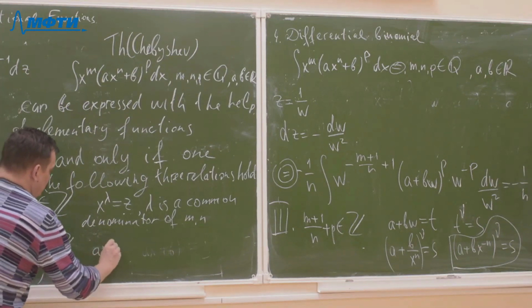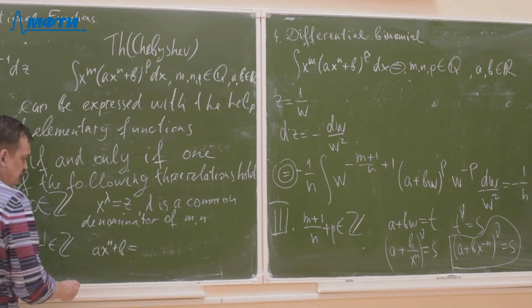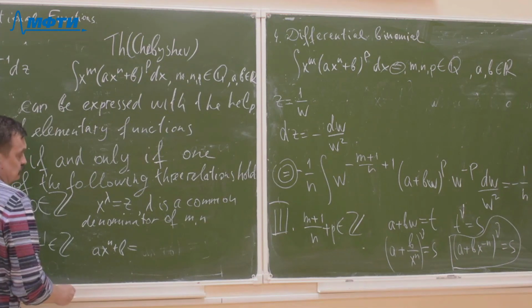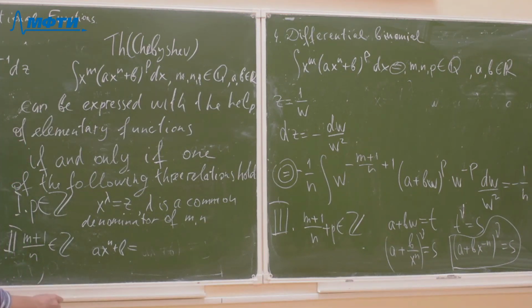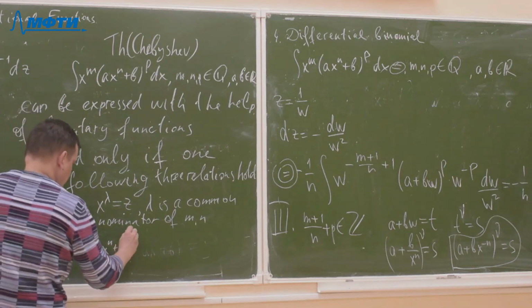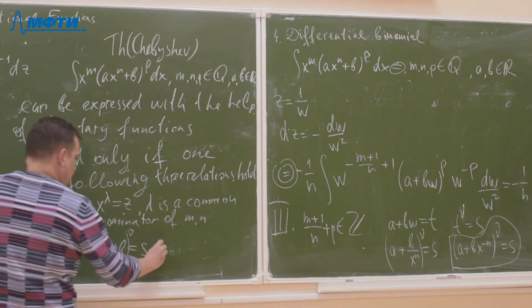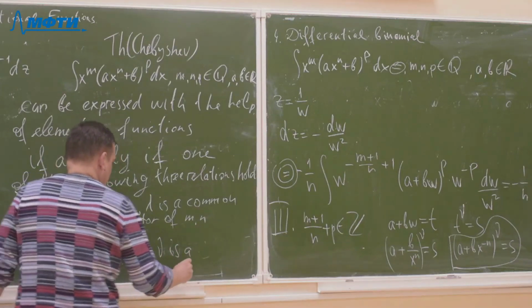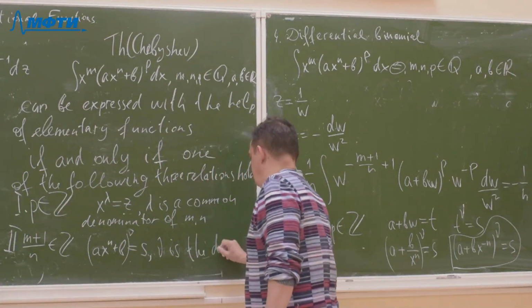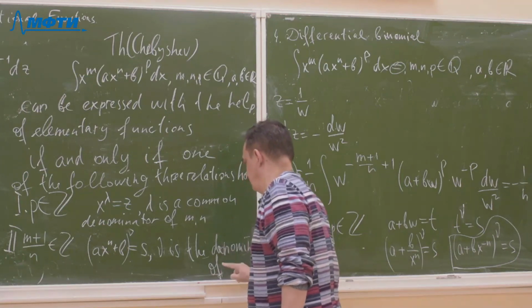Here (ax to the power n plus b) to the power nu equals s, where nu is the denominator of p.